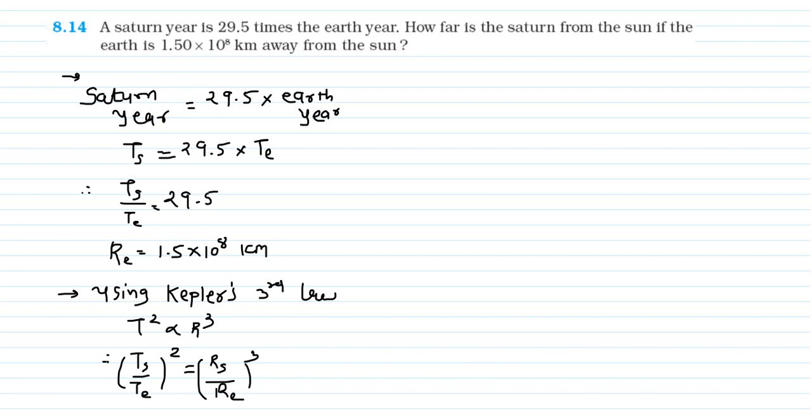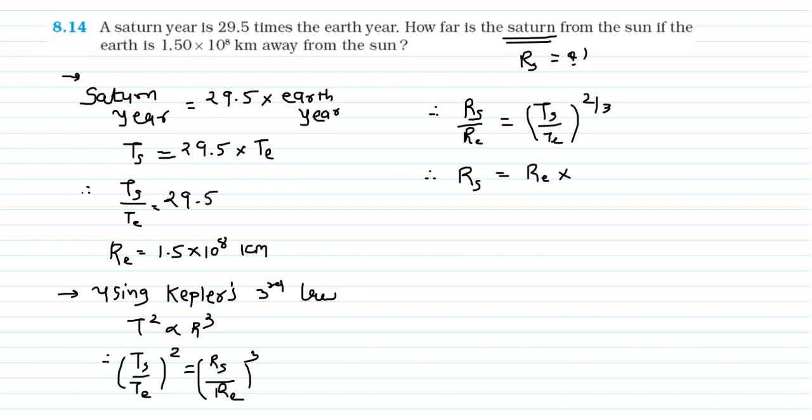You want to find Rs. What do you have to find? How far Saturn is from the Sun, meaning Rs is your question mark. So writing the equation in terms of Rs, Rs upon Re is equal to (Ts/Te) to the power 2/3. Therefore Rs is equal to Re into (Ts/Te) to the power 2/3.